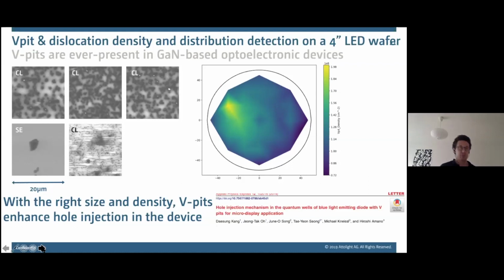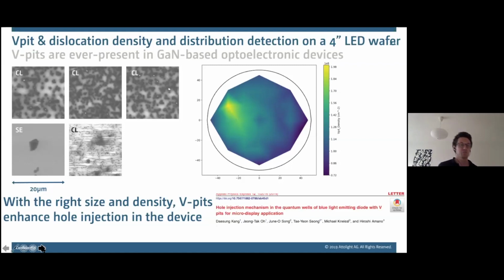But these V-pits, as they're called, are quite important for the mechanism of hole injection into the multi-quantum well of these devices. So we're talking about light emitting devices and also micro LEDs, so the next generation display technologies.